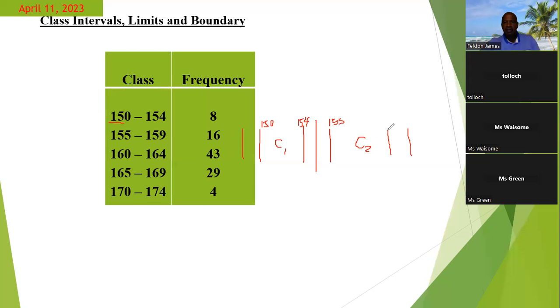And that is the lower limit of that class, but the upper limit of that class is going to be 159, right? Now remember that the boundary is in the middle of the wall, because the boundary is a line.